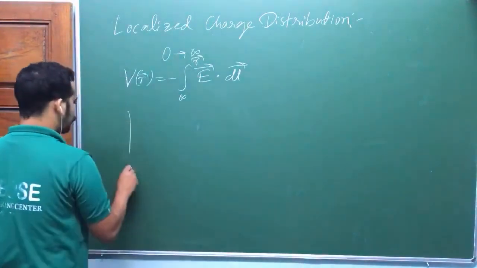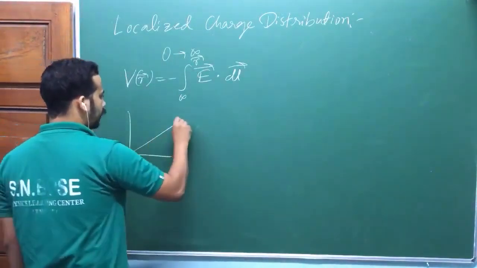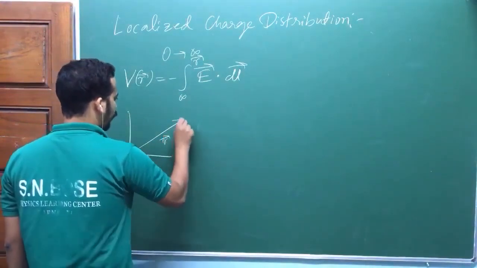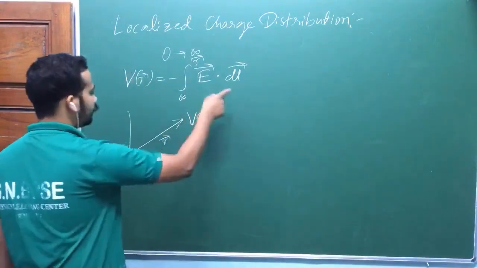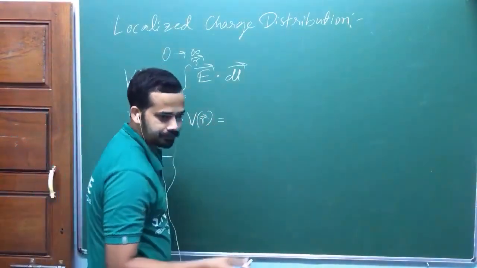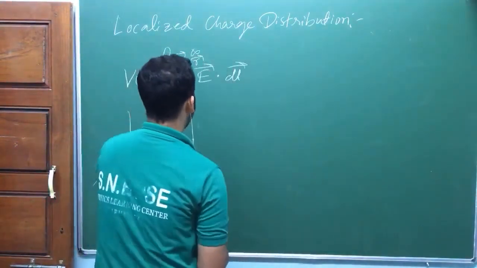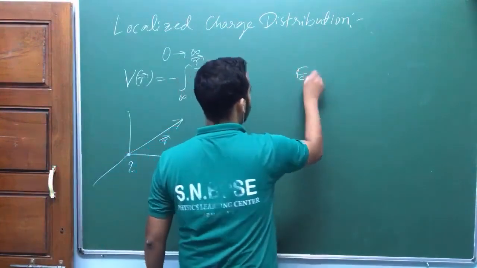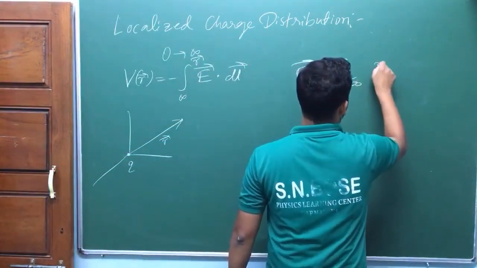Now look here, let me take a charge at the origin and find the potential at a point R, V of R. Can you quickly tell me, if you find the electric field due to this charge and line integrate, what would you get? Yes, the electric field will be Q by 4 pi epsilon naught, R cap by R square.